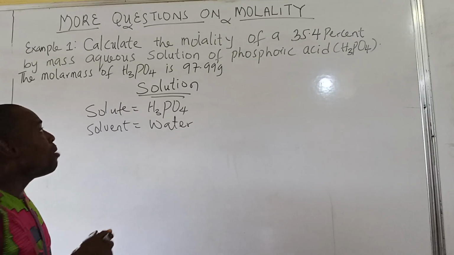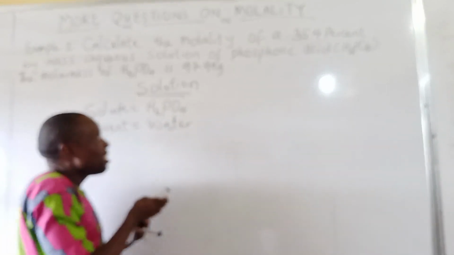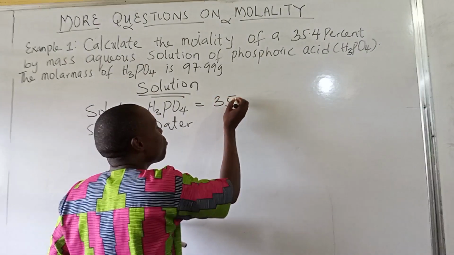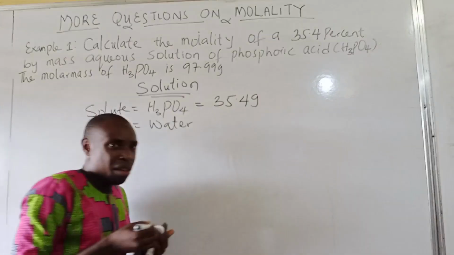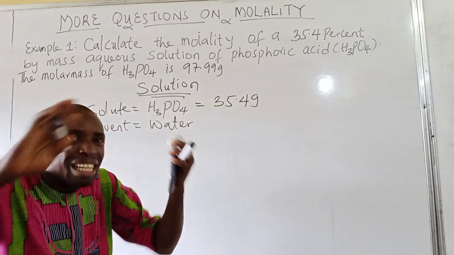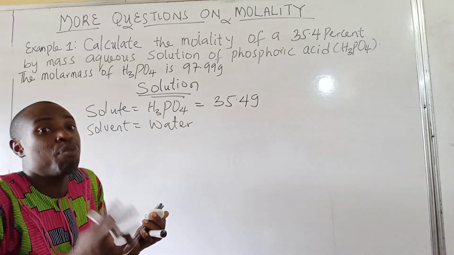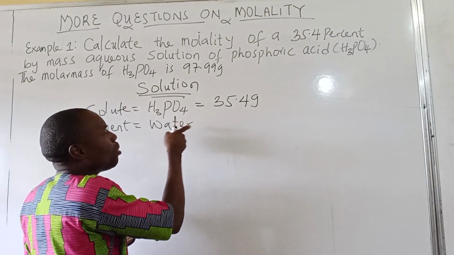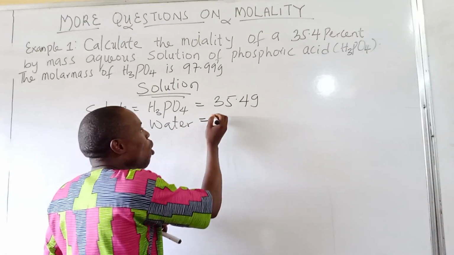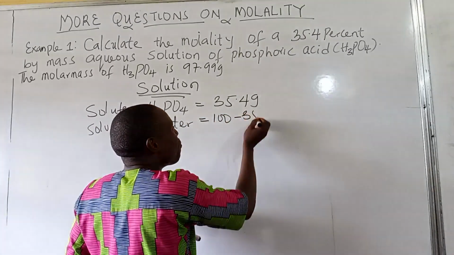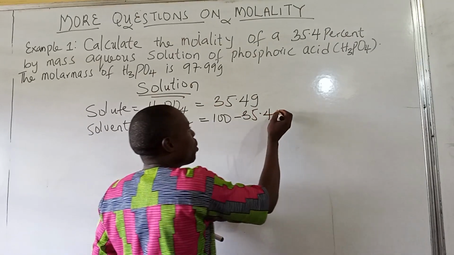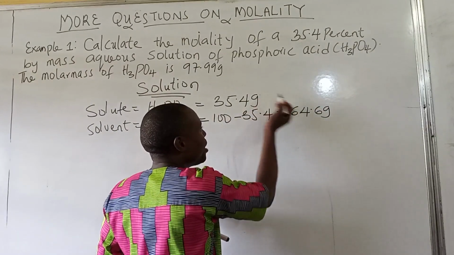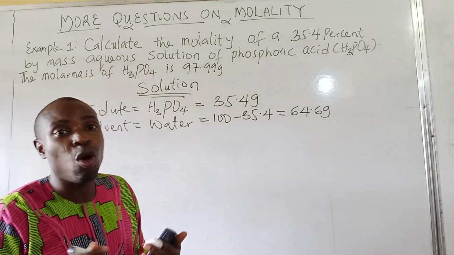So it means the mass of the phosphoric acid is 35.4 grams, if we assume 100 grams of the solution, which is 100% by mass. It therefore means that the mass of the solvent, which is the water, will be 100 minus 35.4, which gives me 64.6 grams. When you add these two masses together, it gives us the solution to be 100.